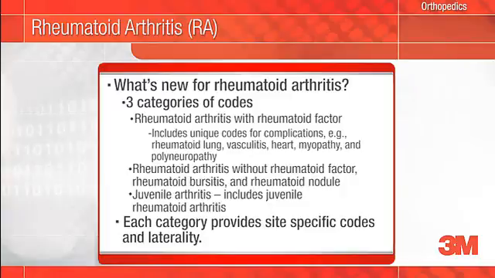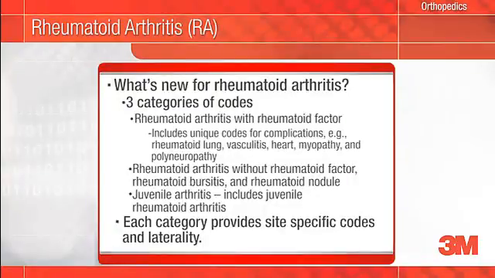Each category provides anatomical site and laterality specific codes. Additionally, RA with rheumatoid factor has unique combination codes for associated complications such as rheumatoid heart and lung disease. Obviously, this level of detail requires more of a diagnostic statement than just rheumatoid arthritis.